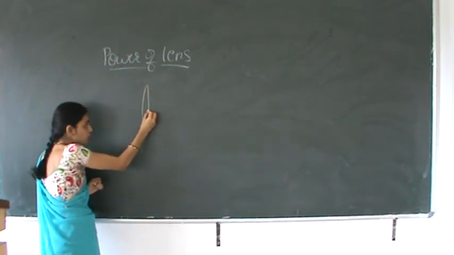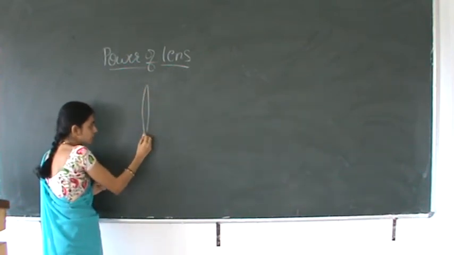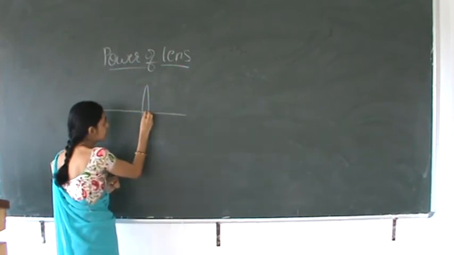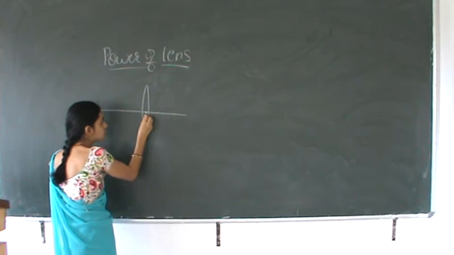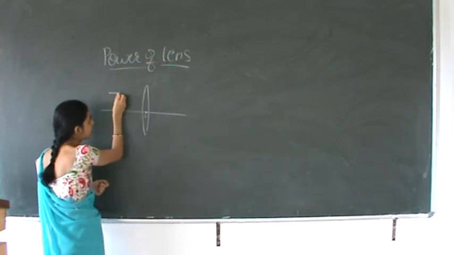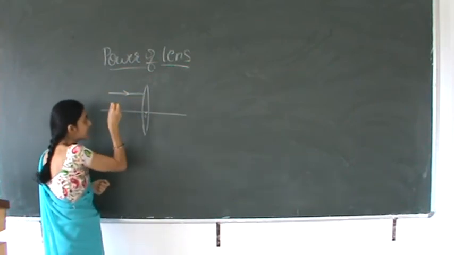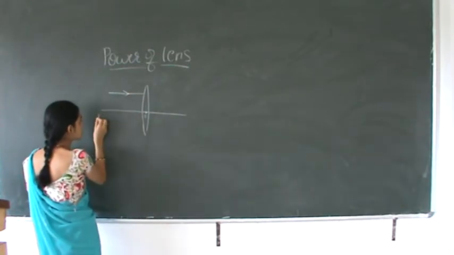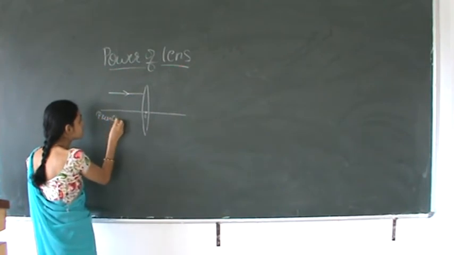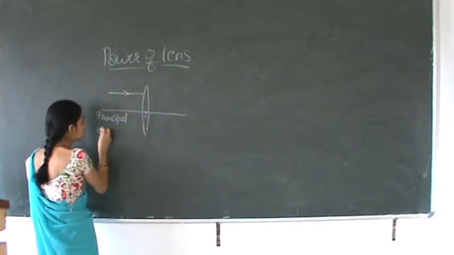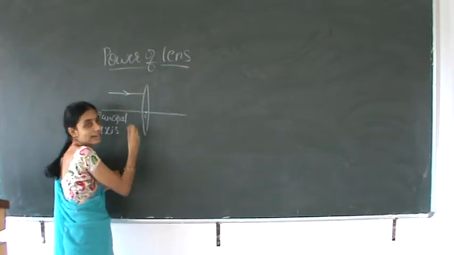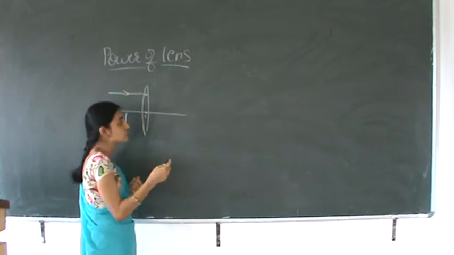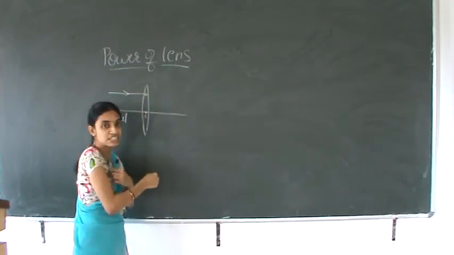I will consider the convex lens. Principal axis, exact center, optic center. I will consider one ray which is incident parallel to the principal axis. The ray incident parallel to the principal axis undergoes refraction twice, at the first surface and the second surface.